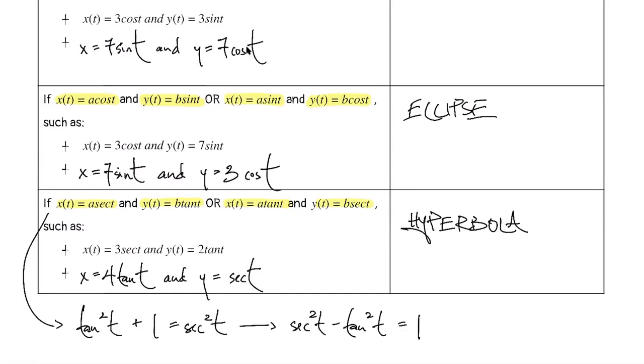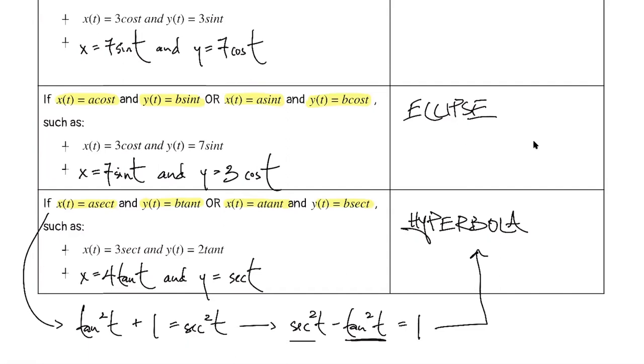All right, because I just moved that tangent squared to the other side, and look what we have. We're going to end up with a fraction minus another fraction equals 1. Well, that's going to give us a hyperbola. All right. So all that stuff we learned in the last chapter, there are other ways to represent those equations.